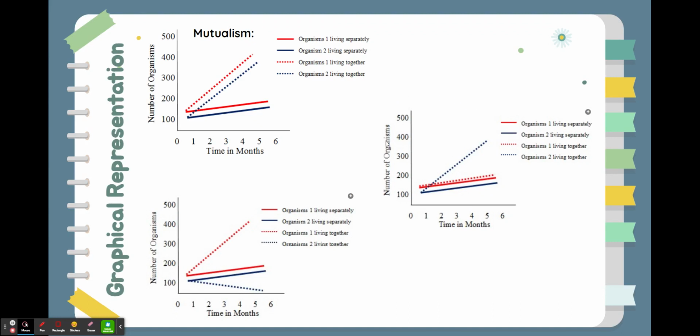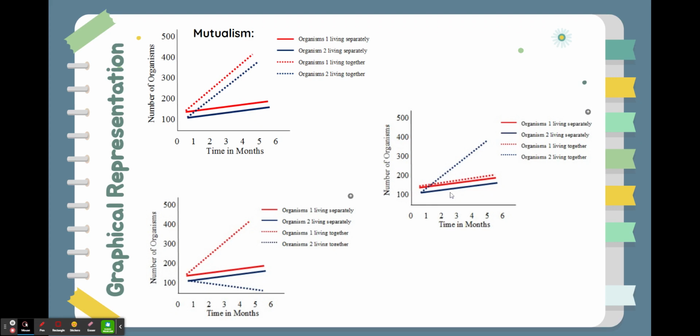So looking at our graph here, we can analyze that the red is essentially unaffected. We see a very small change from here to here, but all in all, it really doesn't change much. So red is not bothered. It is unaffected by the relationship, whether it's living separately or living together.